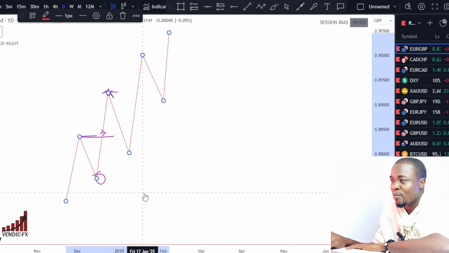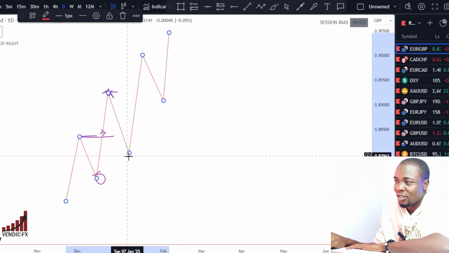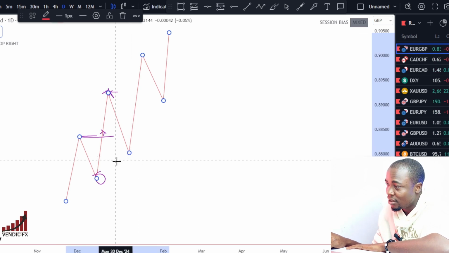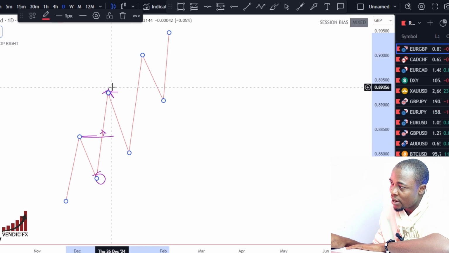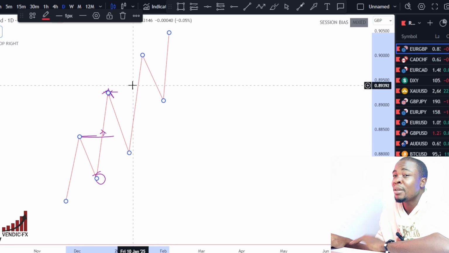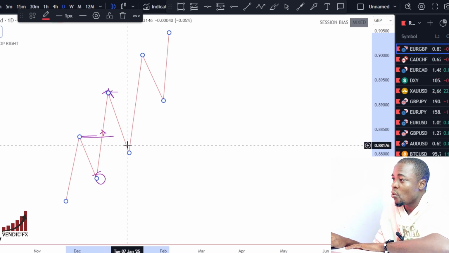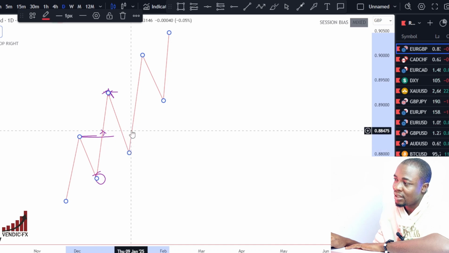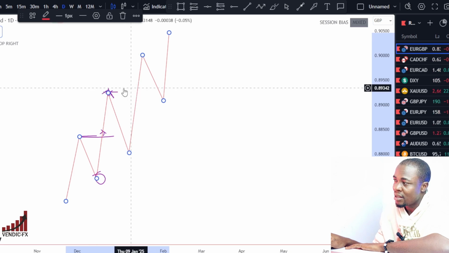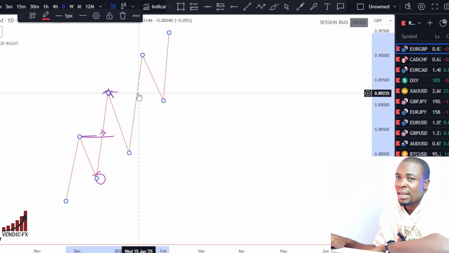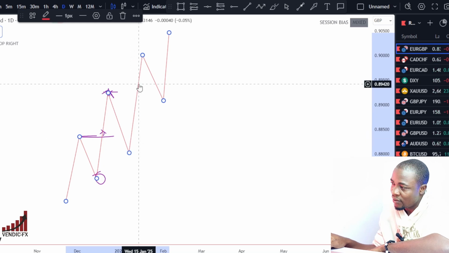That's our pullback entry. So if you have a declaration around this place, you have a whole lot of this to trade, and since our declaration is being determined by daily candle, we will have consecutive days before we can get to this level. So that's how it is. You have a whole lot of this to trade.